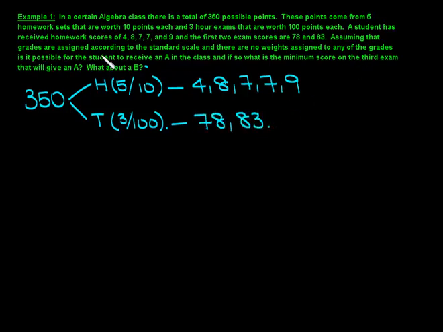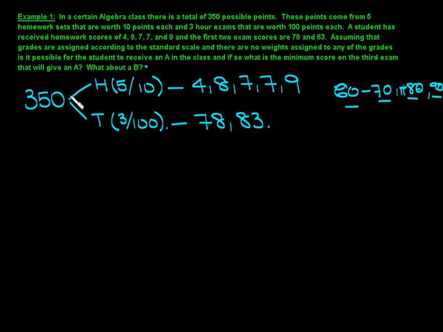Assuming that the grades are assigned according to the standard scale, which is basically the 60, 70, 80, 90 scale, that means A, B, C, and D, sort of. Assuming there are no weights assigned to any of these grades, is it possible for the student to receive an A in this class? And if so, what is the minimum score on the 3rd exam that will give an A?